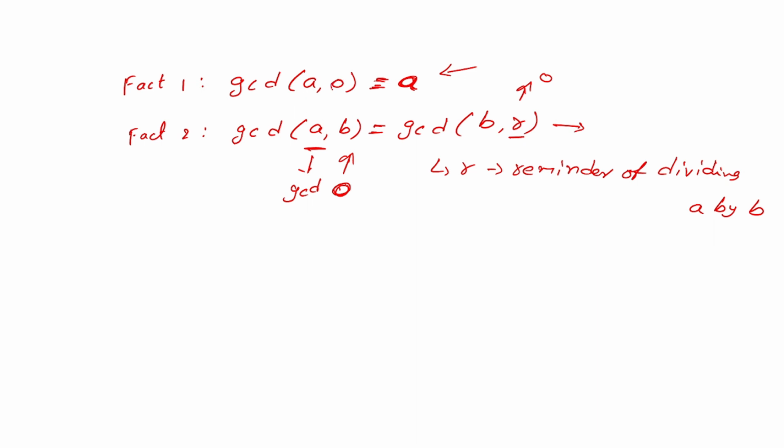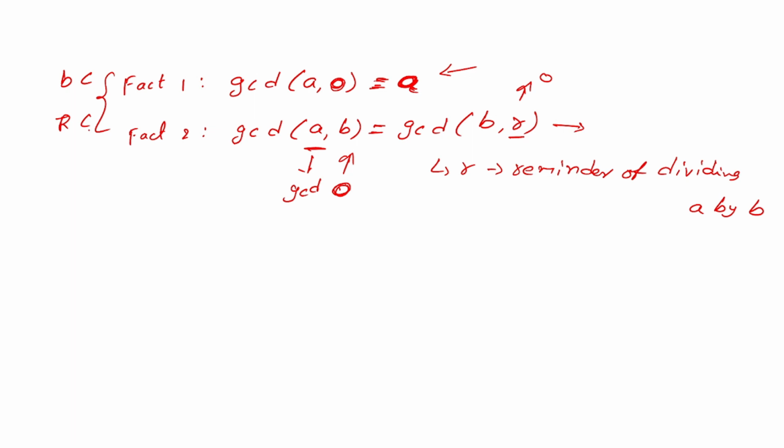If the second value is 0, we take the first value as the GCD. So this is like a recursive function. In a recursive algorithm, fact 1 is the base case and fact 2 is the recursive case.